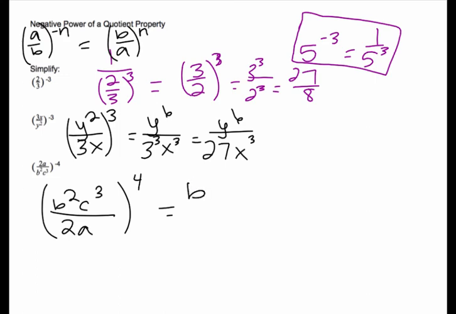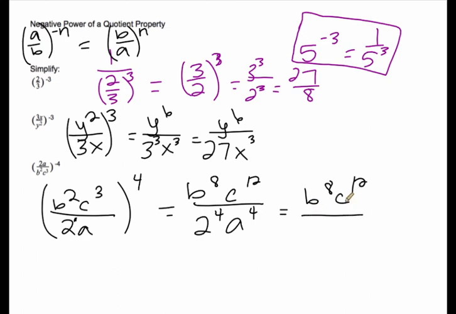So you should have gotten b to the 8th, c to the 12th, over 2 to the 4th. Again, don't forget there's an invisible 1 here. He's got to get raised to the 4th power also. A to the 4th, b to the 8th, c to the 12th, over 2 to the 4th. 2 times 2 is 4, times 2 is 8, times 2 is 16, a to the 4th.